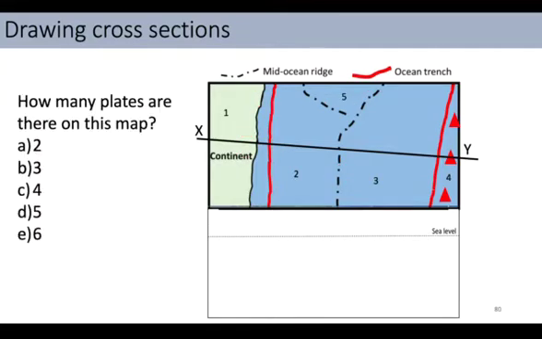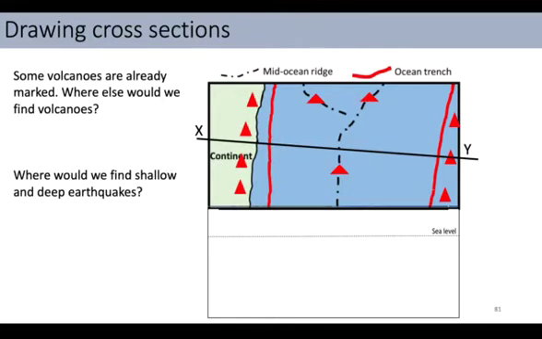So I had some volcanoes. I'm just going to speed through this because I know this has been a long video, but it's so much fun. I love plate tectonics. Some volcanoes were marked here, but we know that we would also find volcanoes all along our mid-ocean ridge because the mid-ocean ridge is that spreading center. They're going to be all underwater, but we do have that creation of new oceanic crust.